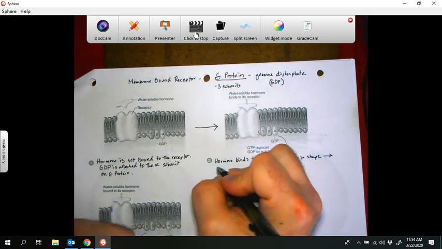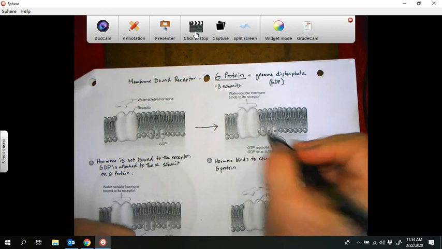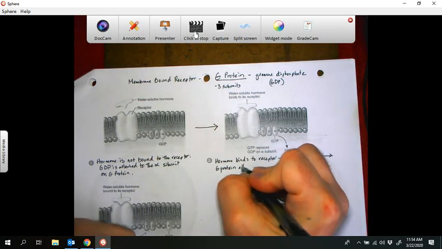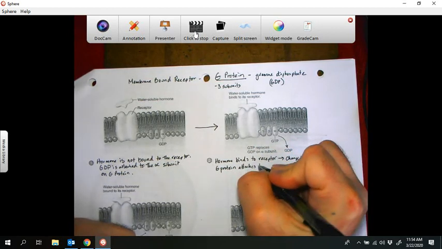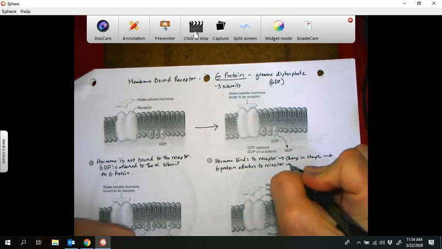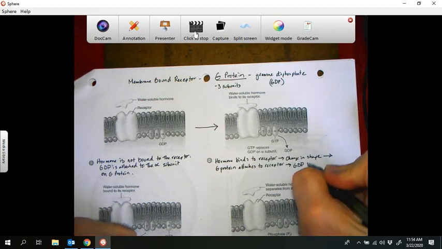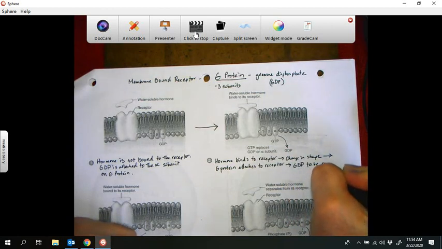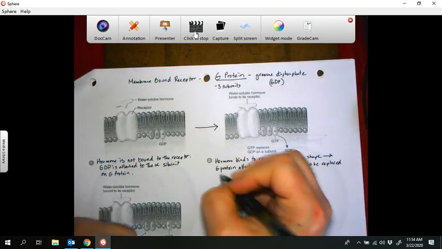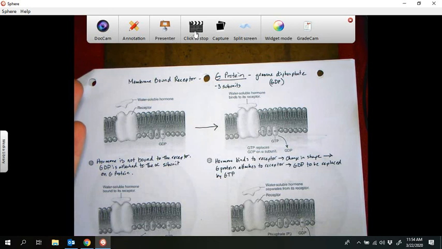And the G protein actually moves and attaches to the receptor. That causes GDP to be replaced by GTP, and you can probably guess that stands for guanine triphosphate, so it phosphorylates it.